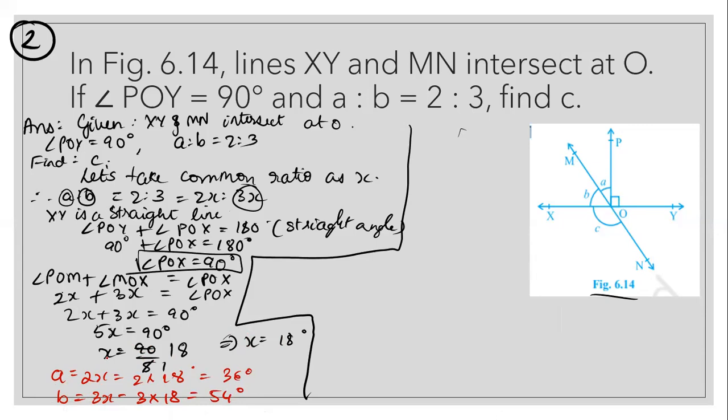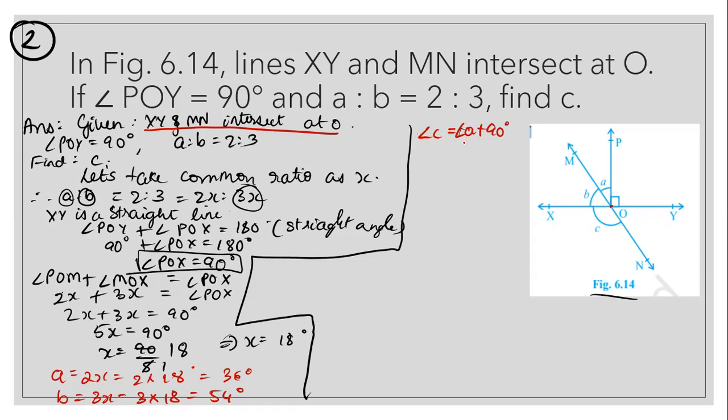Now I'll tell you why we found out this A and B. Now look here, in this figure, can I say that as written in the question, XY and MN intersect at O? They intersect at this point. So can I say that angle C is equal to angle A plus 90 degrees?